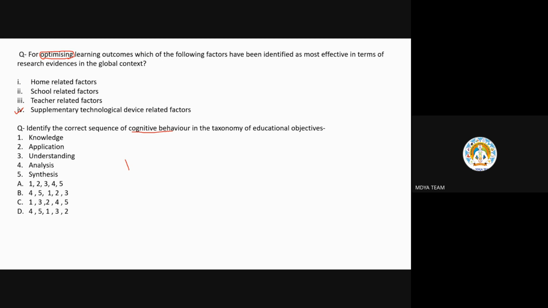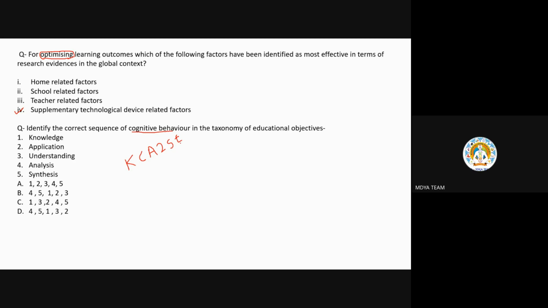Just tell me. I am writing here. Knowledge, K. Then C, understanding. KCA2, S, S, E. E is for comprehension. Evaluation, sorry, evaluate. C or E?